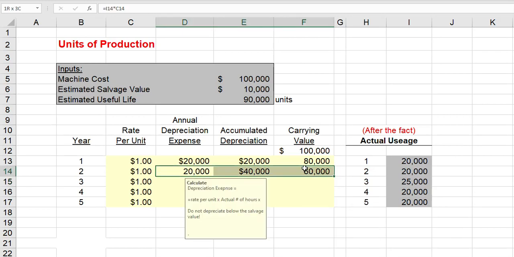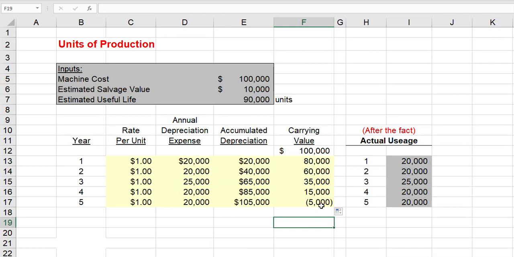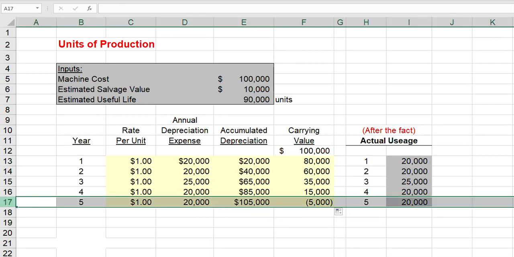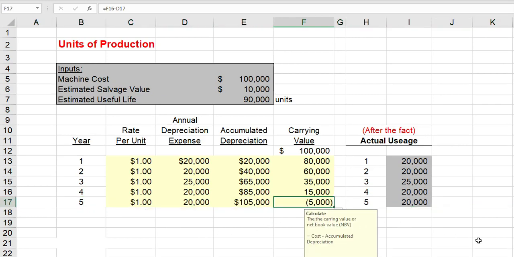And using this row, I can copy that down. Now, you can see we've run into some problems here. In that 5th year, when we've produced more than 90,000 units, we've suddenly depreciated below the estimated salvage value. In fact, we've depreciated to a $5,000 negative asset value, which makes no sense whatsoever.